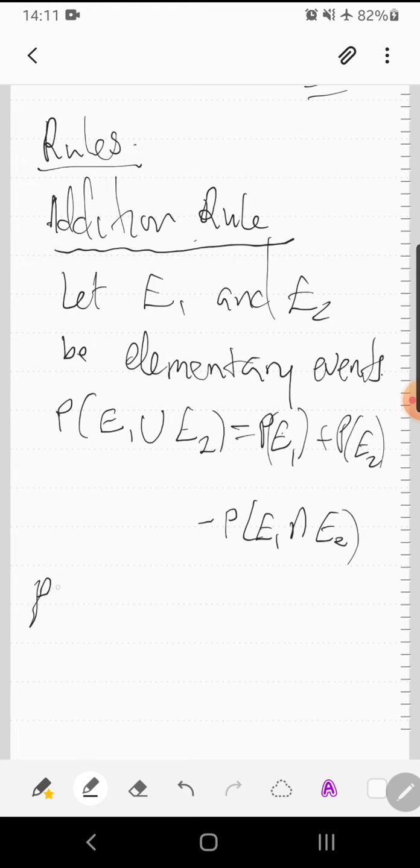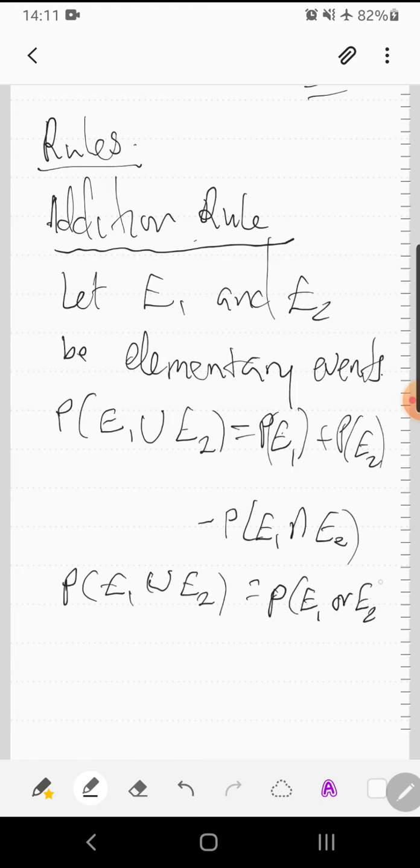Now, the probability of E1 union E2 is just the same as the probability of E1 or E2.